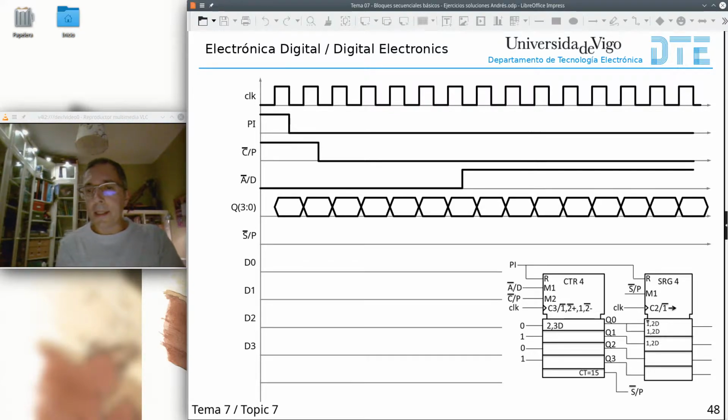Also there's a signal to say count ascending when it's 0 or descending when it's 1. And there are some empty boxes to put the output Q, so we have to put the numbers of the count here. The SP signal, because it's generated by the counter, so we need to draw this signal too. And D0, D1, D2 and D3.